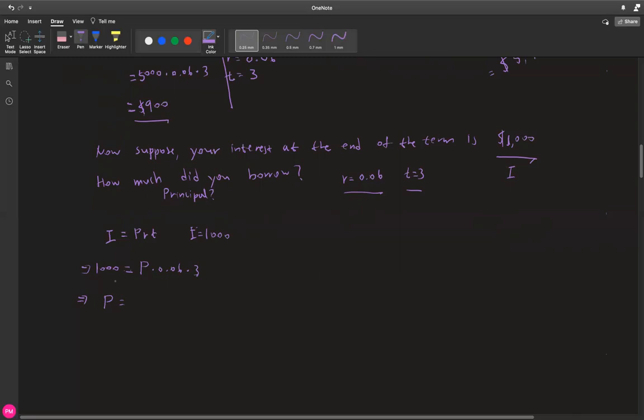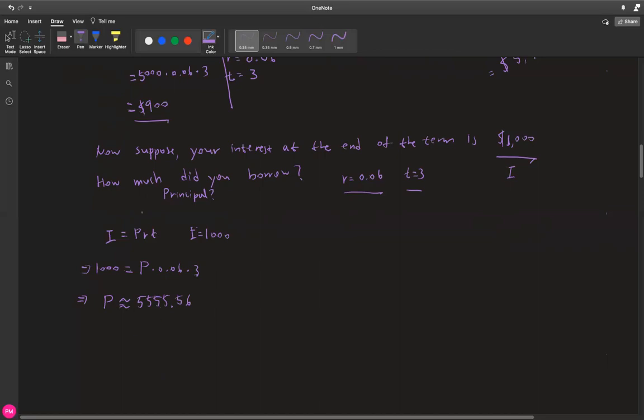If you solve this for P using some simple arithmetic, it should be approximately 5,555.56. So what does this mean?